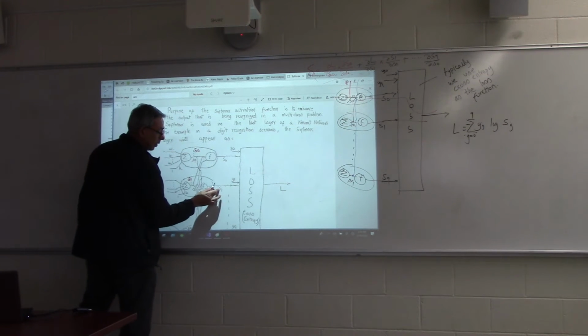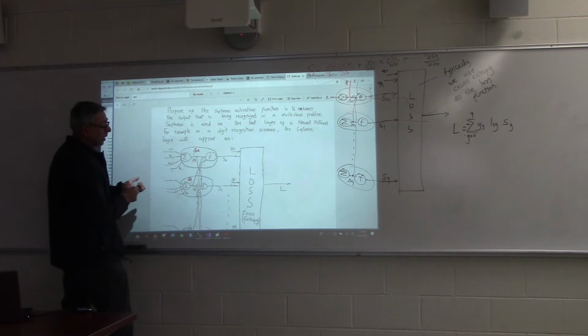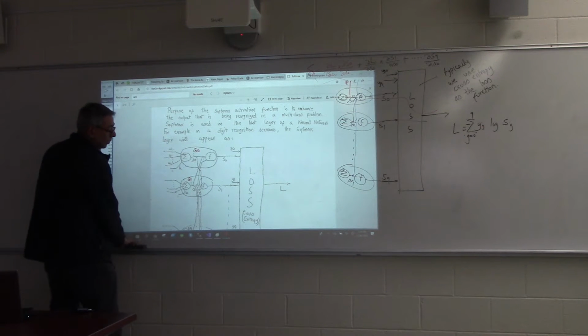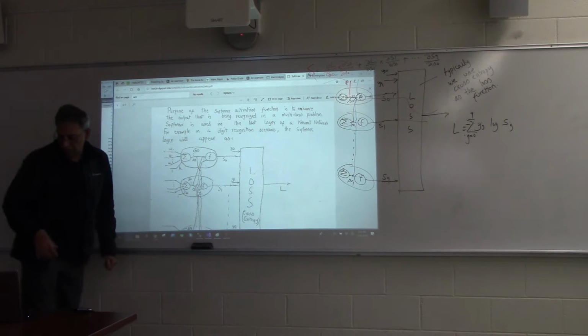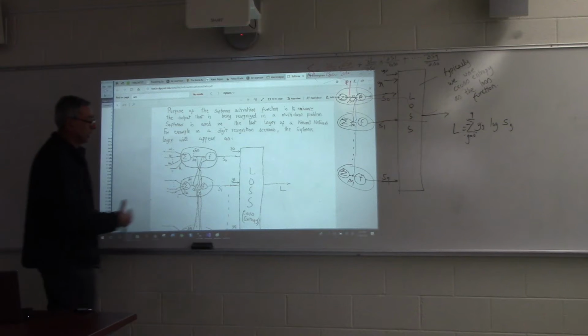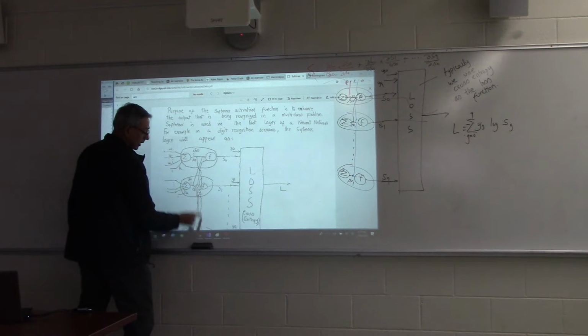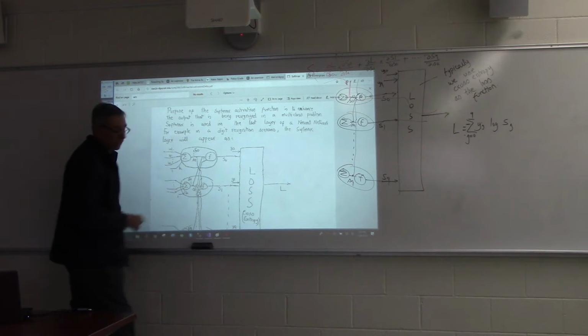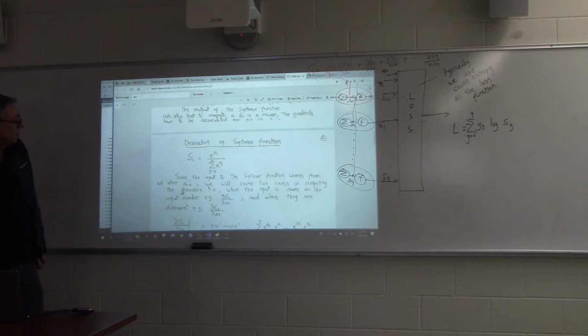Similarly, partial L over partial S1 times partial S1 over partial s0. So all of those 10 components need to be added because there are 10 paths leading to each one of these deltas inside the neuron.